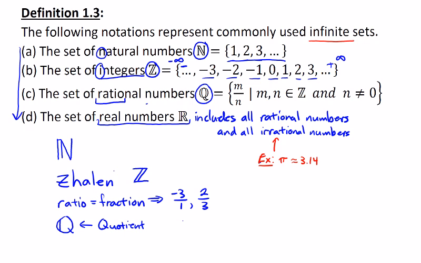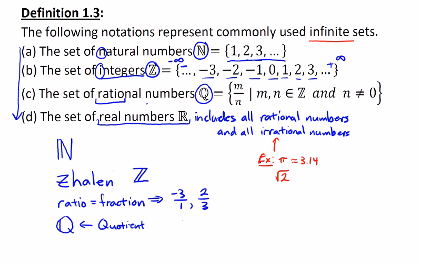Now it's still a real number, it's still real because we can find it somewhere on the real number line, but it's not rational. Another example of this would be something like the square root of 2. The square root of 2 cannot be written any simpler than that. It is approximately 1.4 and again has a non-repeating and non-terminating decimal, so it cannot be written as a rational number.